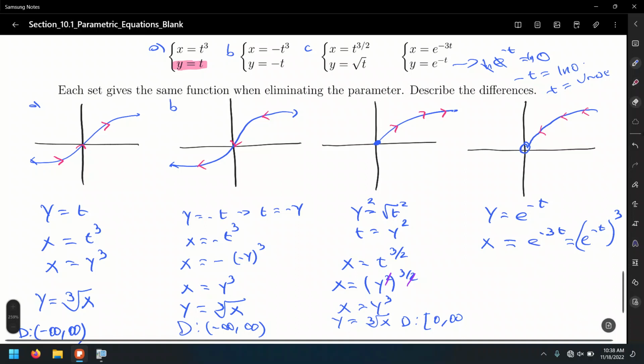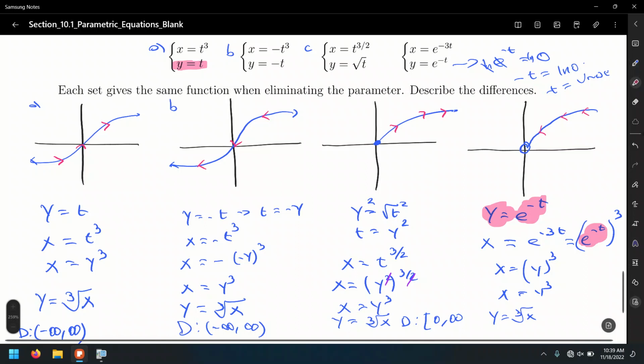So, we know that e to the -t equals y, so I'm going to replace that over here, and that's going to give us x equals y to the third power, which is x equals y cubed. And simply y equals the cube root of x, which is again the same original function, isn't it?